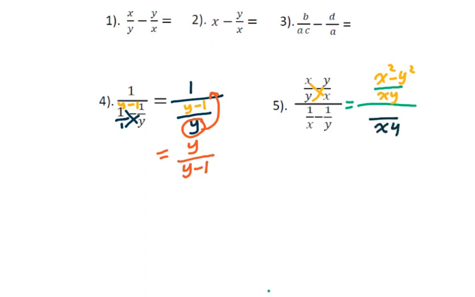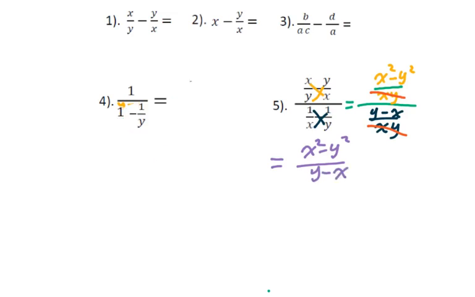I have xy. Cross multiply, we got y minus x. So we reduce these two because we have the same denominator for this complex fraction. So we got x squared minus y squared over y minus x.